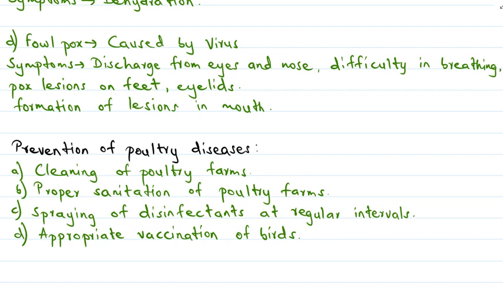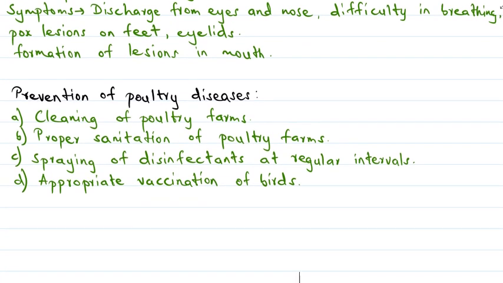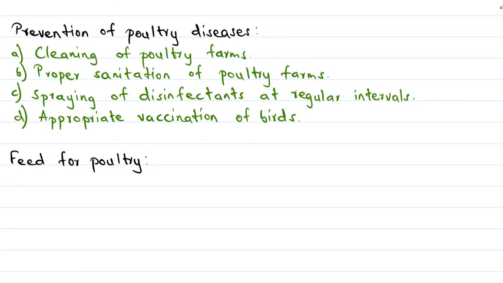Okay, so next we will move on and talk about the feed for poultry. We know that we need food for proper maintenance of our body and to perform all the daily functions. Now let's see what feed is required for poultry.